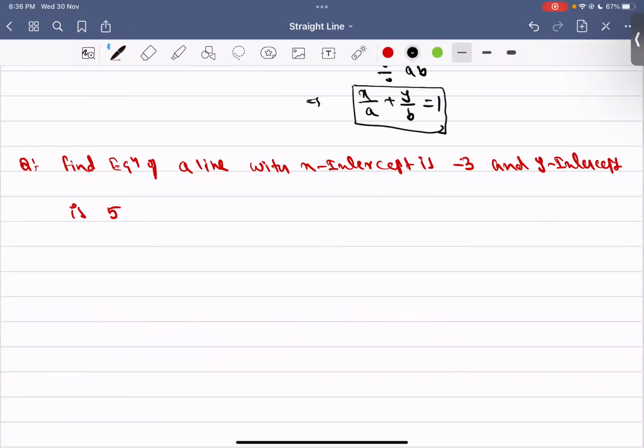So straightforward solution directly. The answer is x by minus 3, the x-intercept, plus y by 5 is equal to 1. This is the answer.